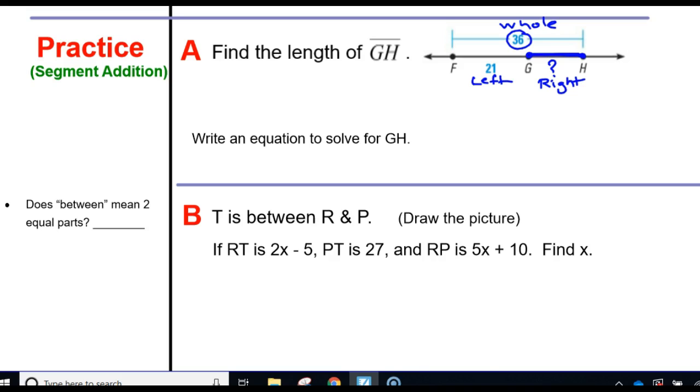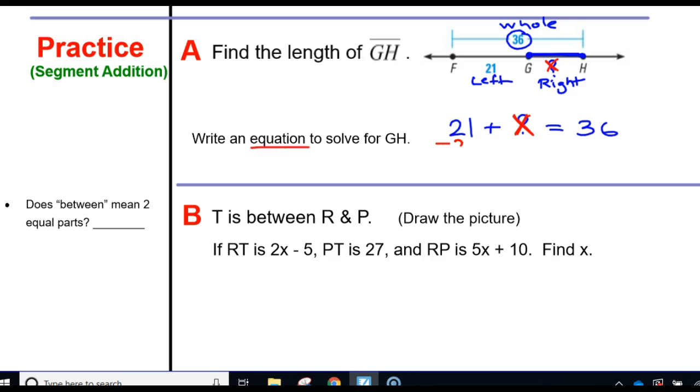So if we want to write an equation for this, we can say that 21 plus something has to equal 36. Now in math, what do we normally do for that something? We put in an x.